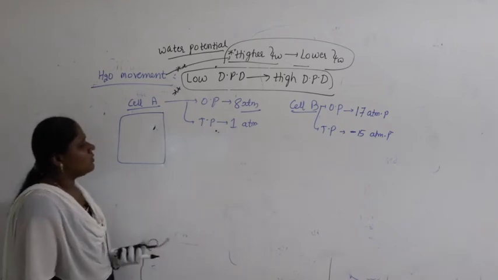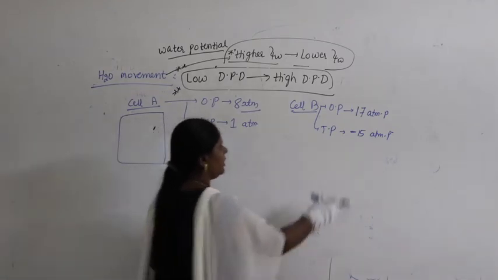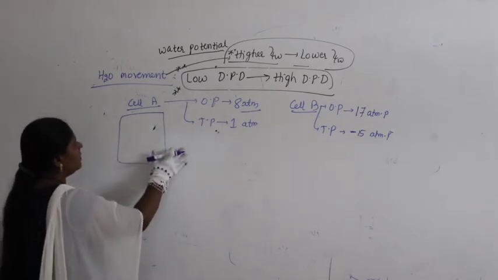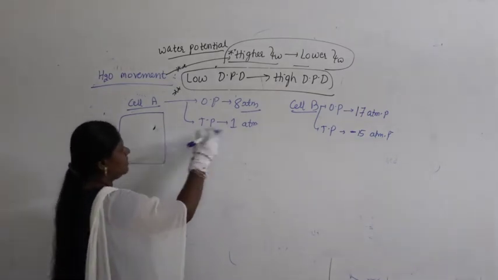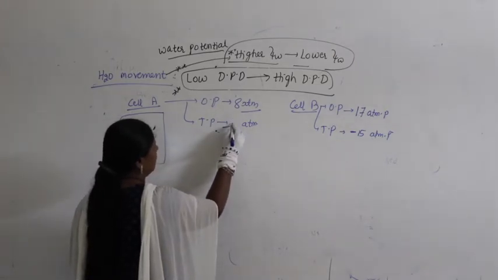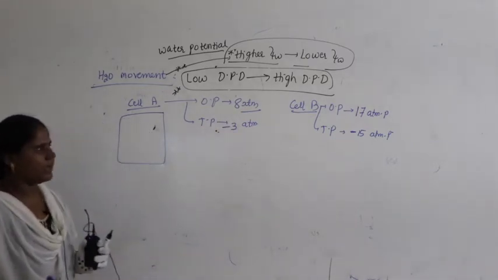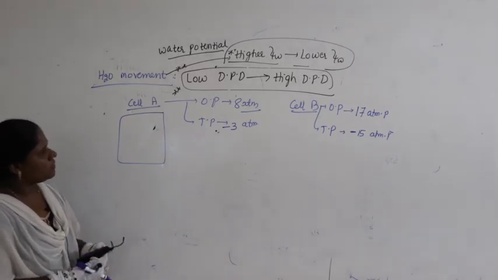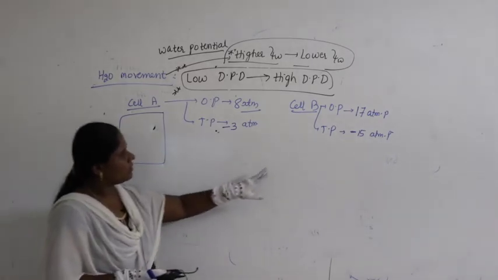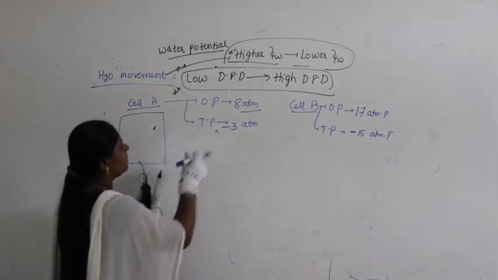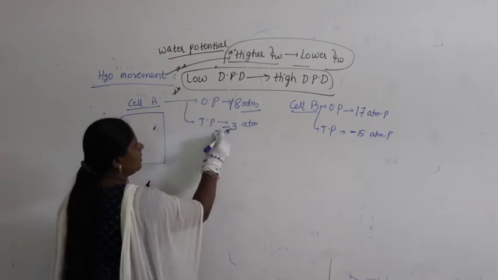Now, in this cell A, let us take this also as a minus value, something like 3. Low DPD to high DPD, no? Let us take this one a bigger one.